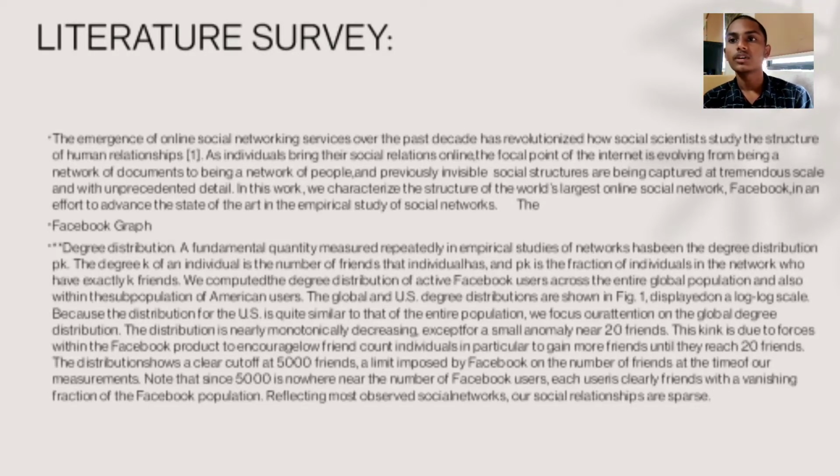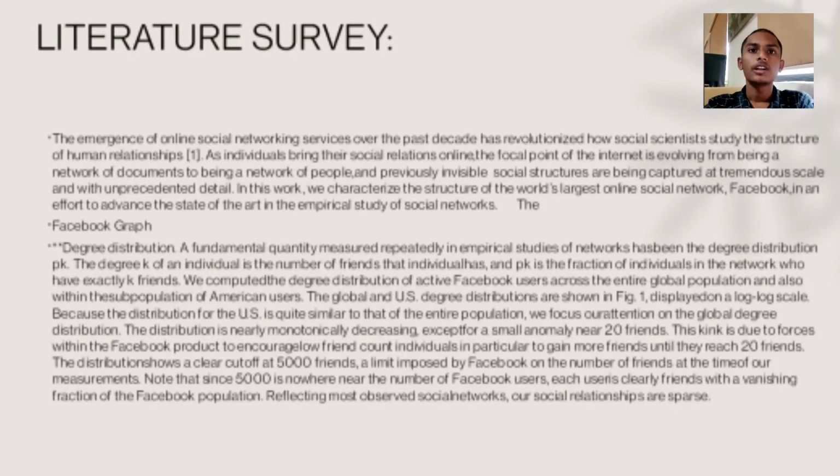Note that 5,000 is nowhere near the number of Facebook users. Each user is clearly friends with a negligible fraction of the Facebook population, reflecting, as in most observed social networks, that social relationships are sparse.